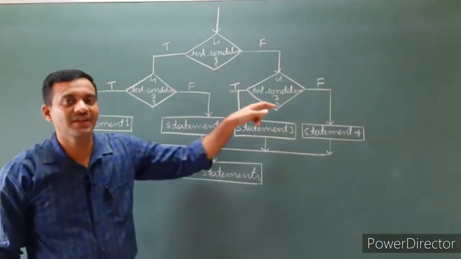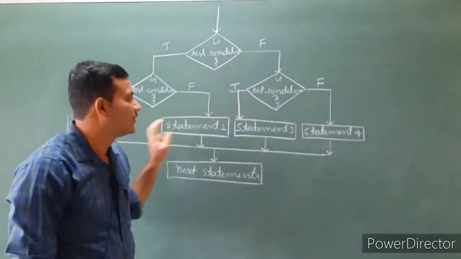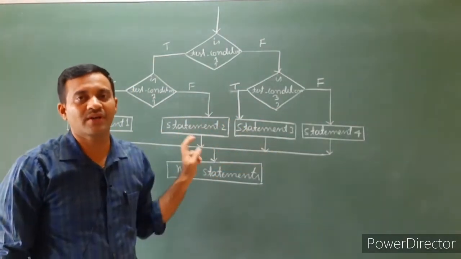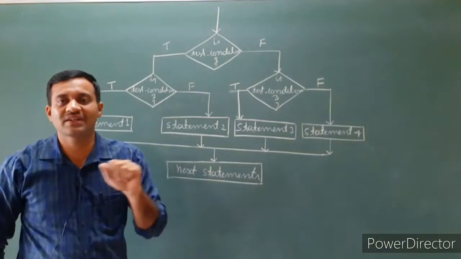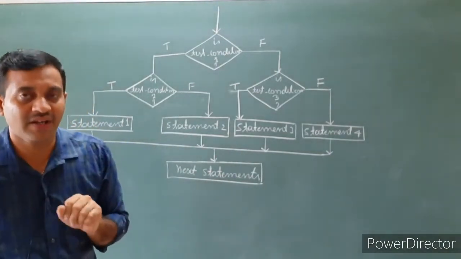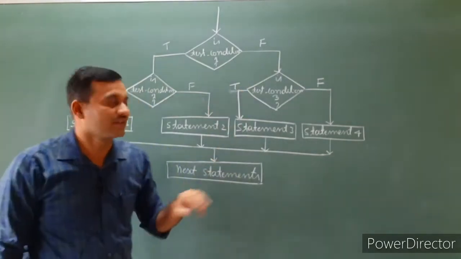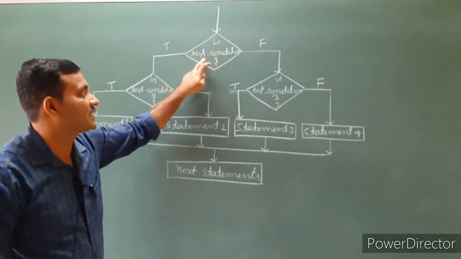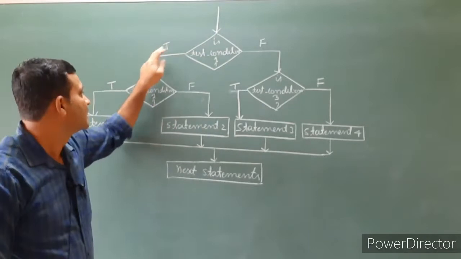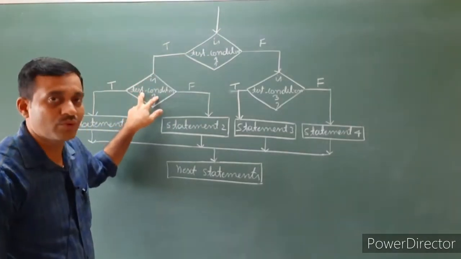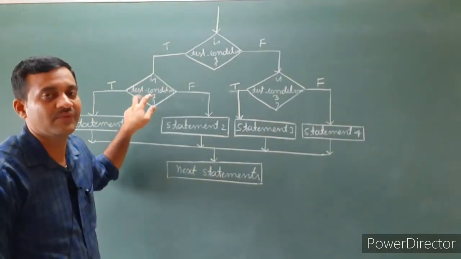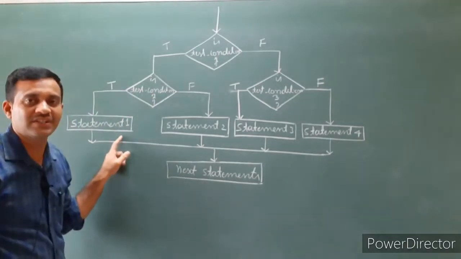There are 3 test conditions and 4 statements. Out of these 4 statements, only one set of statements is selected for execution, depending on the test condition result. First verify test condition 1. If it is true, test condition 2 is evaluated. If it is also true, statement 1 is selected.